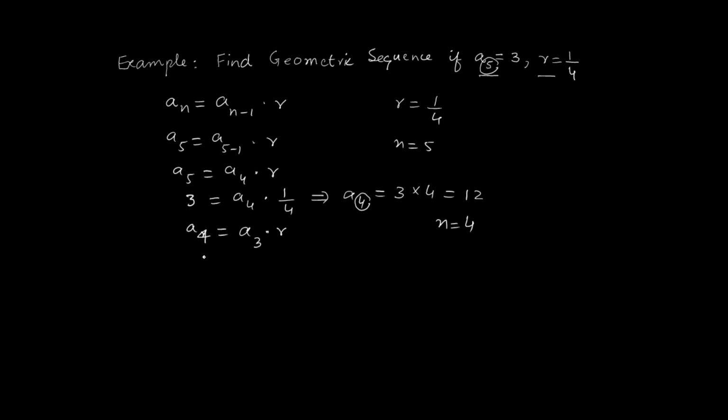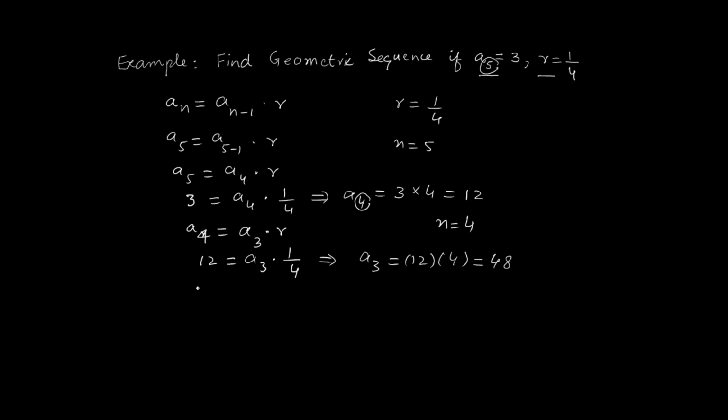A4 is 12. So 12 is equal to a3 multiply 1 by 4. Multiplying both sides with 4, I am getting a3 is equal to 12 multiply 4, which is equal to 48.